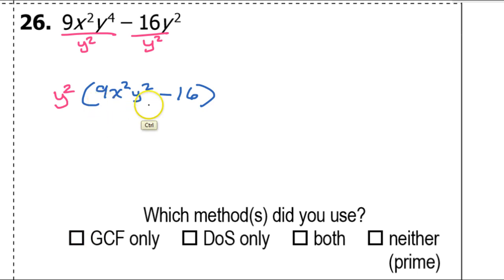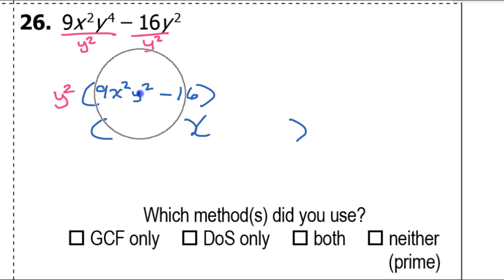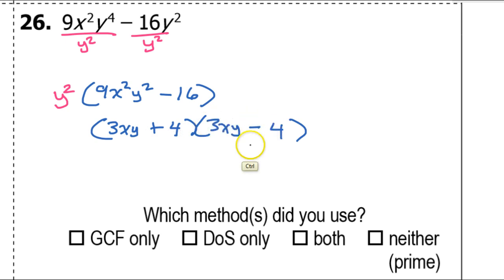No. Looking at the blue part, I can see that this now fits the difference of squares pattern. Notice it is subtraction. That makes it a difference. And 9 and 16 are both perfect squares. And x squared and y squared are both squares. So this is going to be 3xy plus 4 times 3xy minus 4.